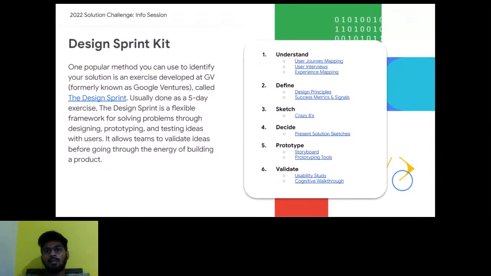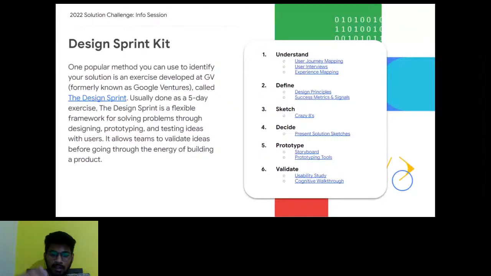All right. So the basic thing that a developer should do is take the problem statement and clearly understand it. After that, he should define what he has to do and what standards he's going to follow while developing his application.